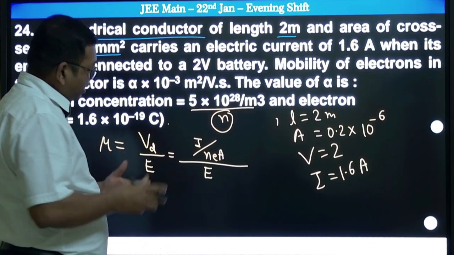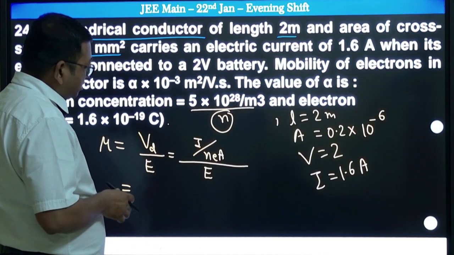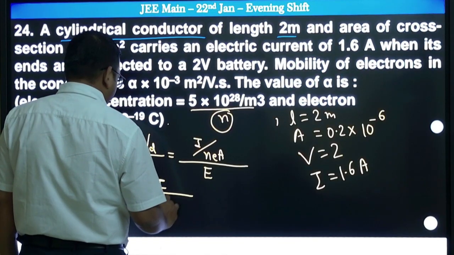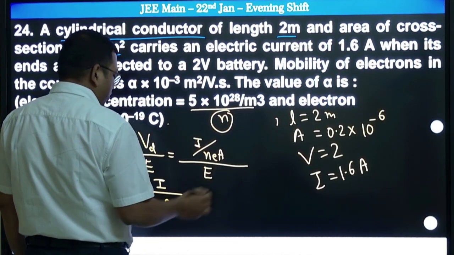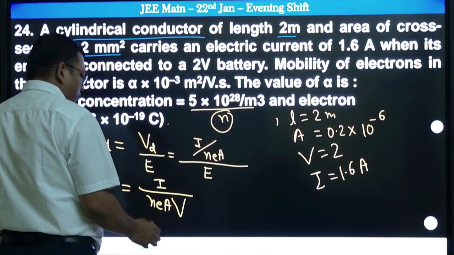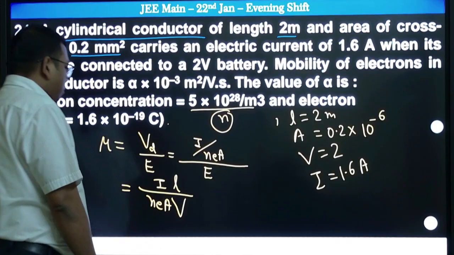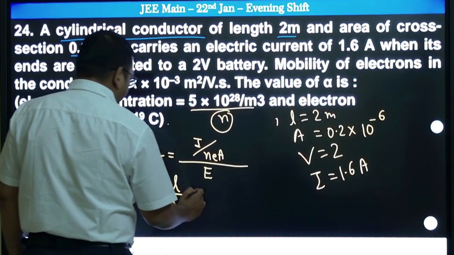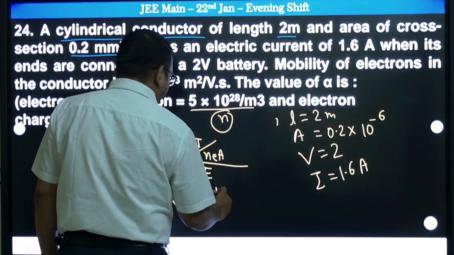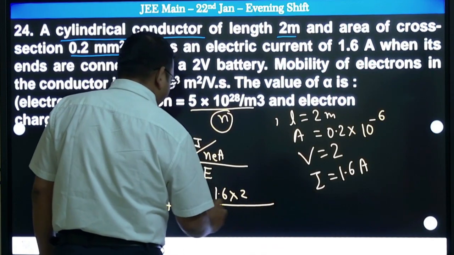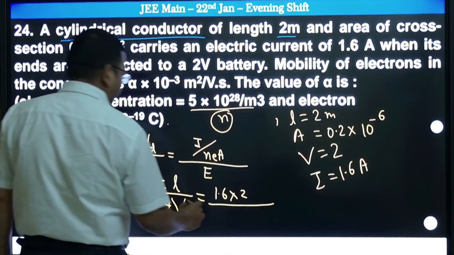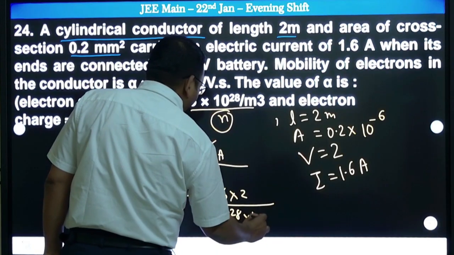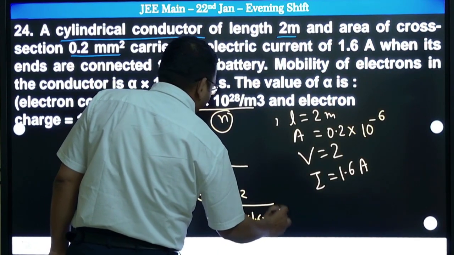Electric field is V by L, where V means voltage here. So I is given, length is given, everything else is given. Now we just have to do the calculation. Let us do that: 1.6 into 2 divided by number density 5 into 10 to the power 28, and electronic charge 1.6 into 10 to the power minus 19.